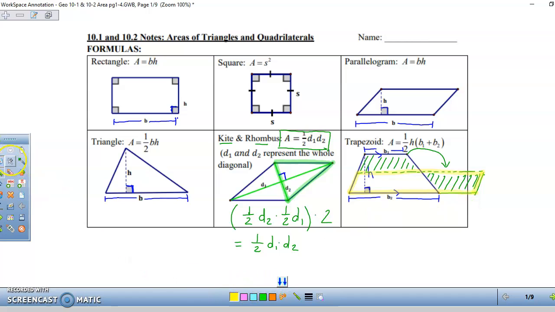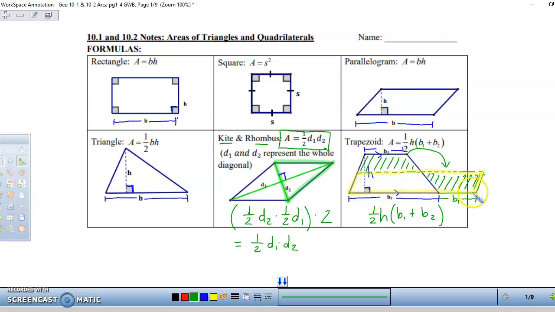Okay, notice that the height here is 1/2 of the original, so it's 1/2 the height. And then this yellow highlighted piece here is a parallelogram, and the base of that all the way across is this base 2, and then when I flip this down, this is base 1. So I do 1/2 the height of that yellow parallelogram, and then base 1 plus base 2 is actually the base length of that parallelogram.